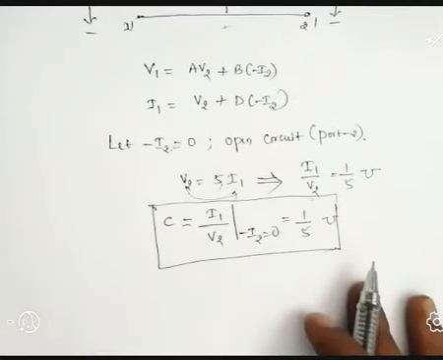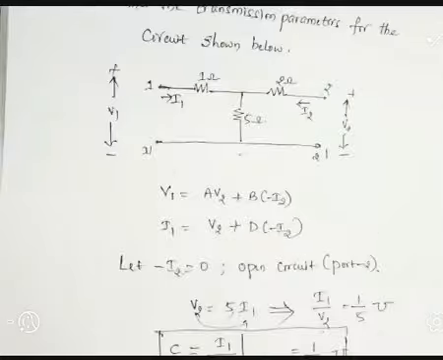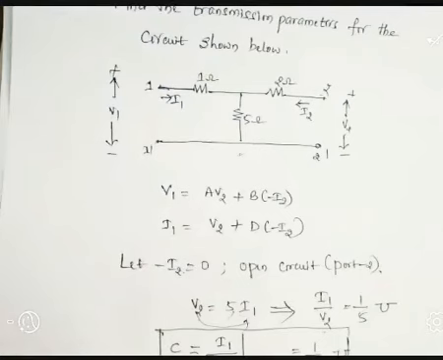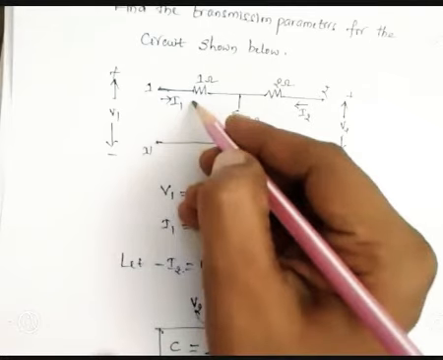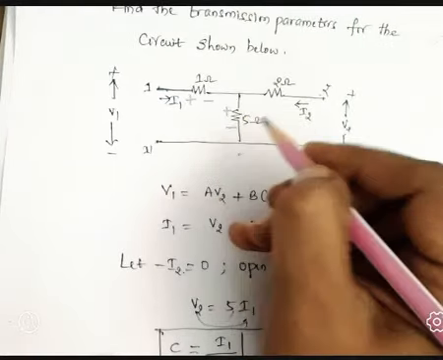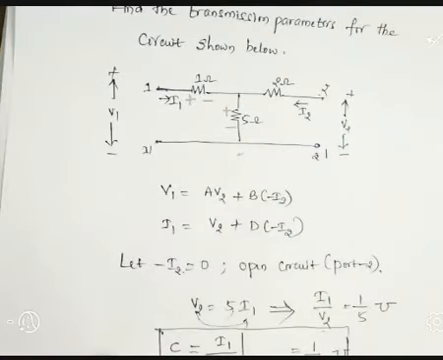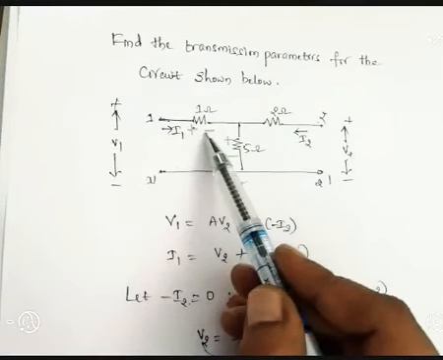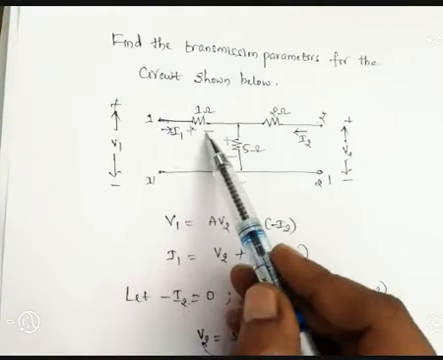Applying the KVL at the input side. Now I am going to represent polarity plus minus plus minus. Now apply the KVL at the input port. What happens? See the head of this arrow mark, current I1 is pointing towards negative polarity.